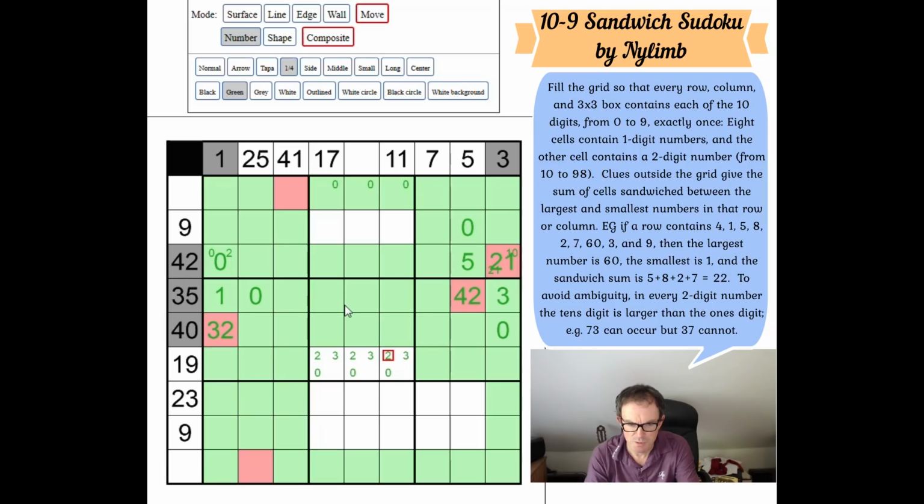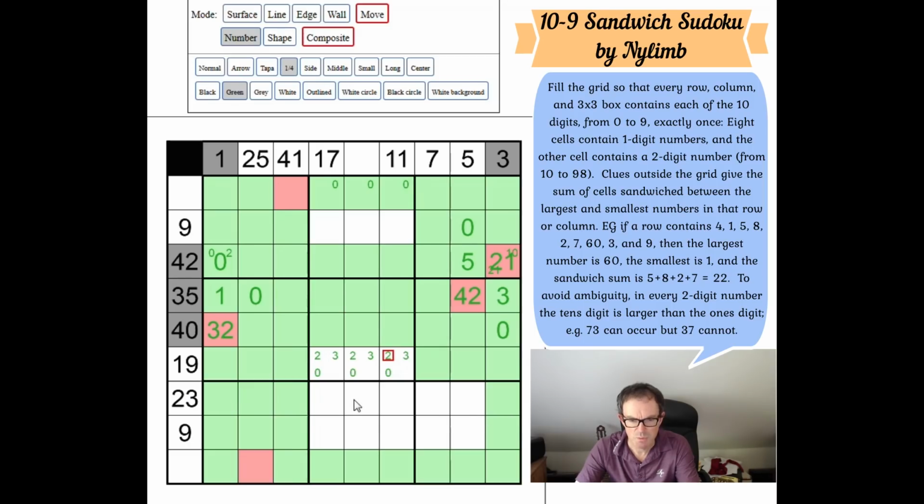So how do we do the next part of this? The 23 clue, that must be at least a 3-cell sandwich, 9, 8 and 6.